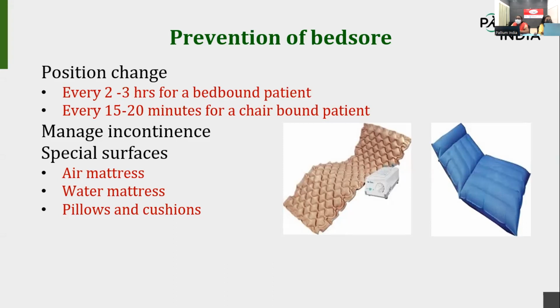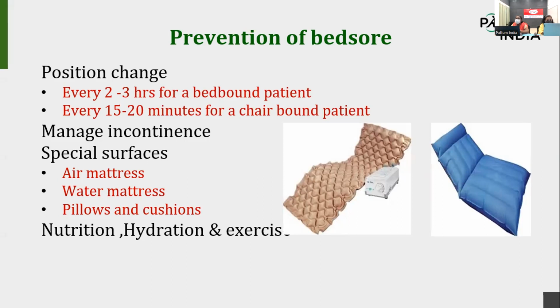You can also give pillows and cushions whenever you turn the patients. If there is a bony prominence, you have to place a soft pillow or cushion under it. The next thing is nutrition, hydration, and exercise.